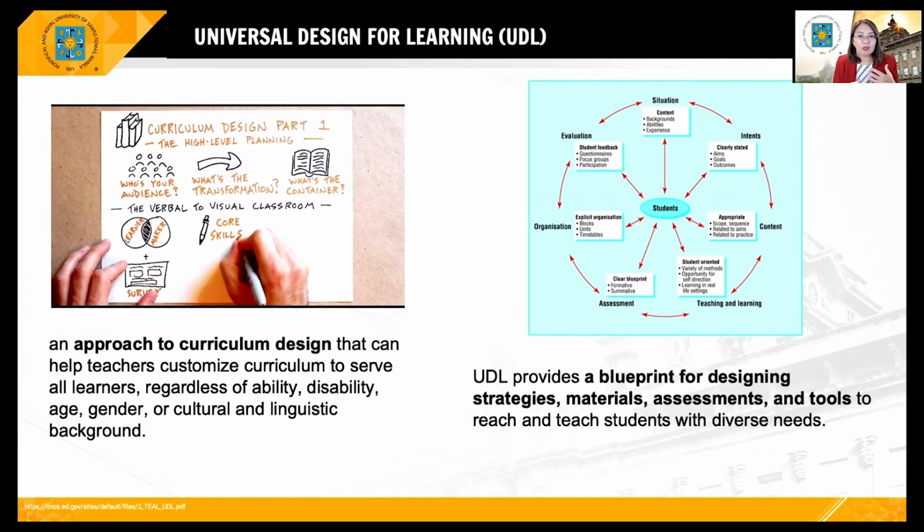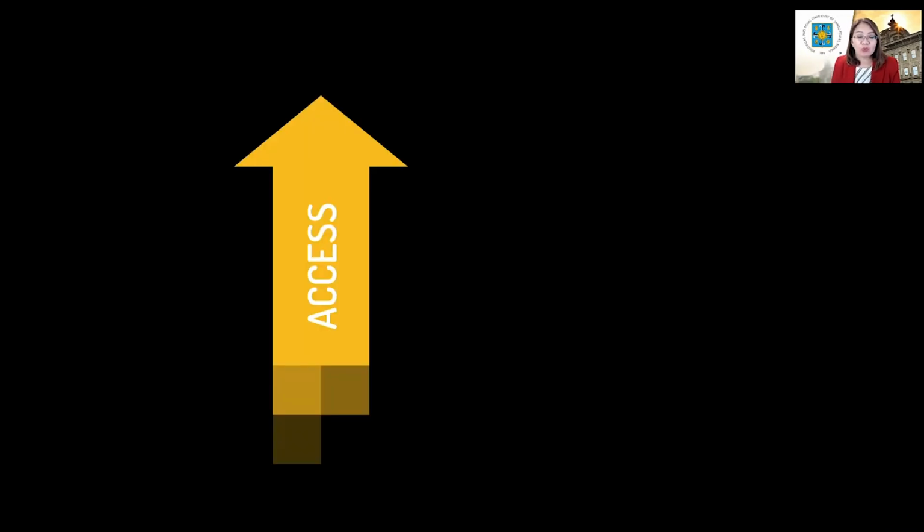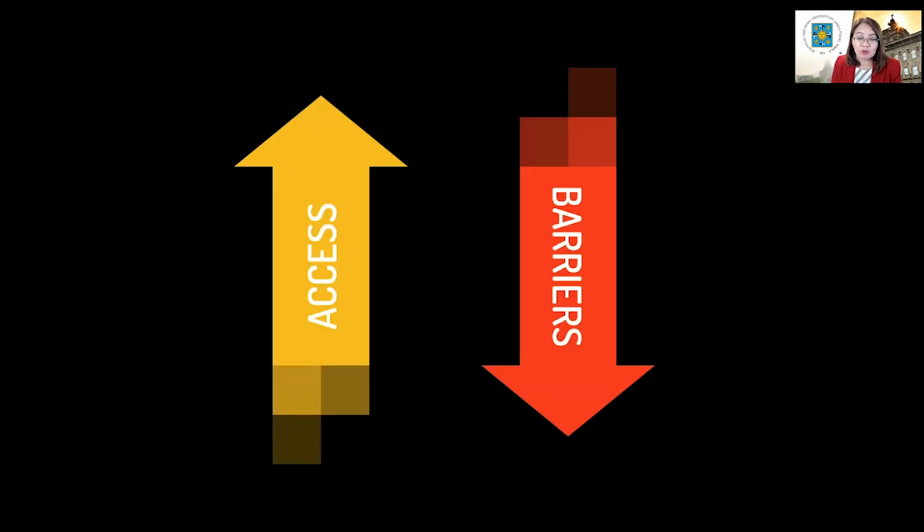So whether they have different abilities, they have a disability, they are developmentally challenged, they have different age group, gender, cultural, or linguistic background. Another way to put it is that it is a set of blueprint. Blueprint because later on it will guide you in your design of the lesson by choosing the right strategy, material, assessment tools in order for you to do two things: to increase access and to reduce the barriers for all types of learners.